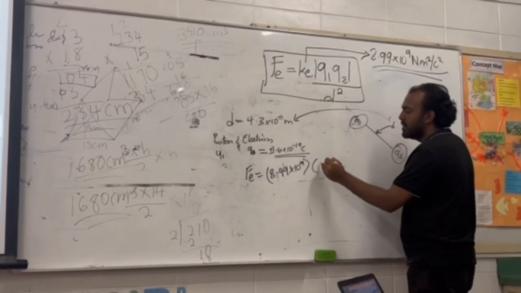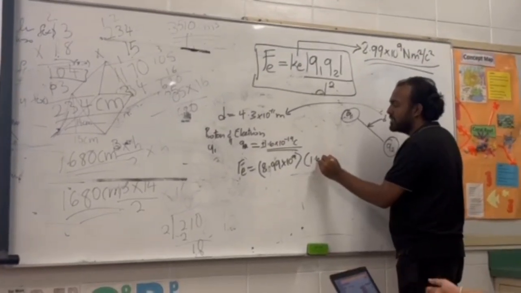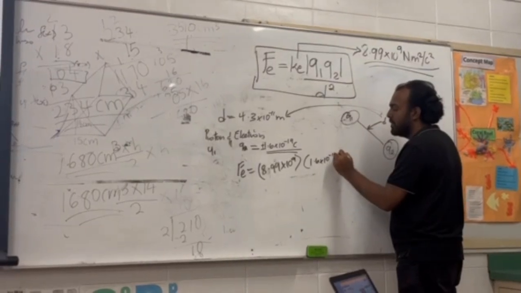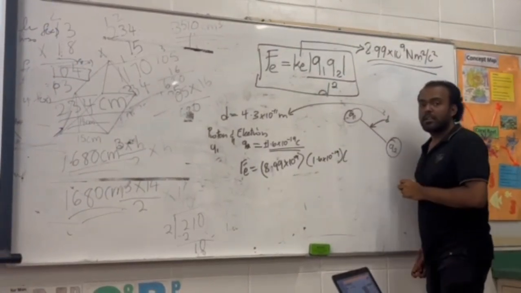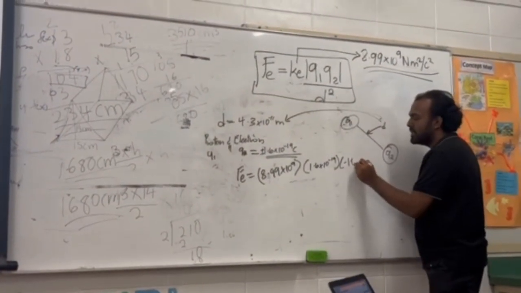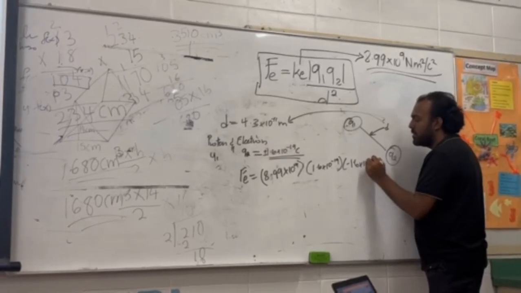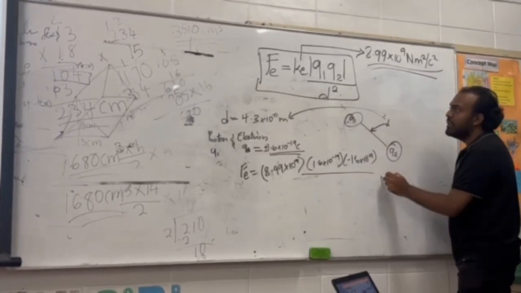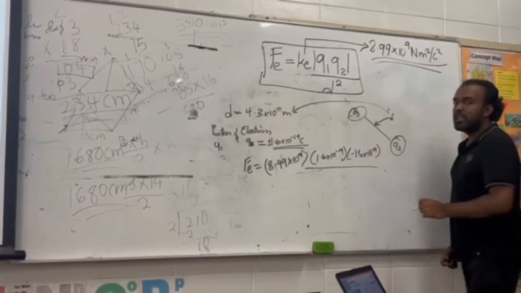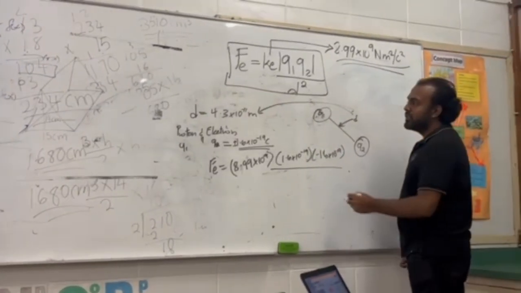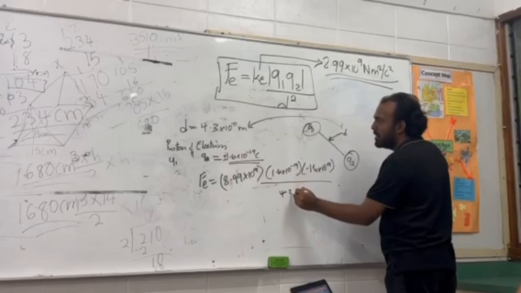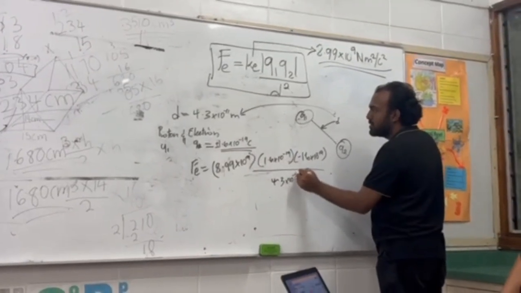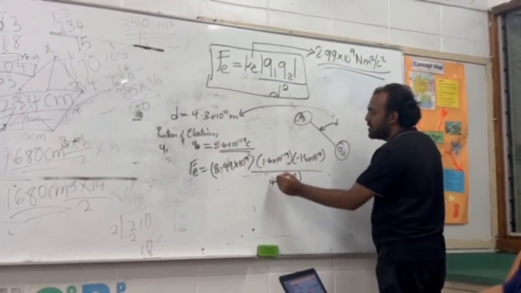One is positive 1.6 times 10 to the power of negative 19, and the other is negative 1.6 times 10 to the power of negative 19, divided by d squared. What's your d? 4.3 times 10 to the power of negative 11, squared.